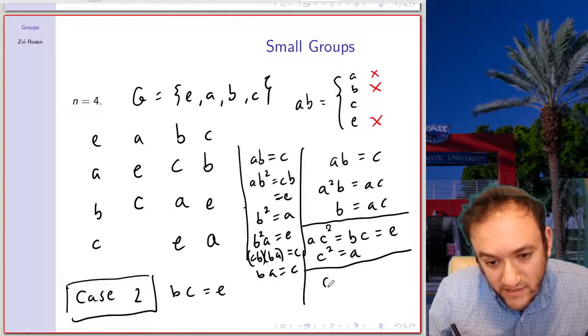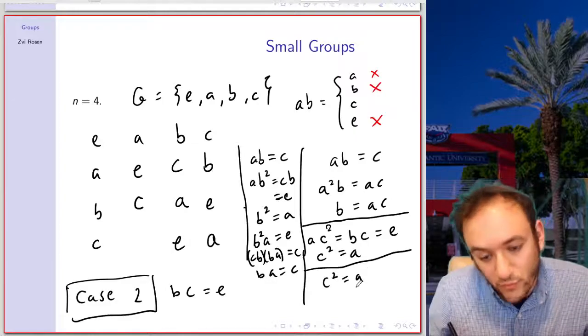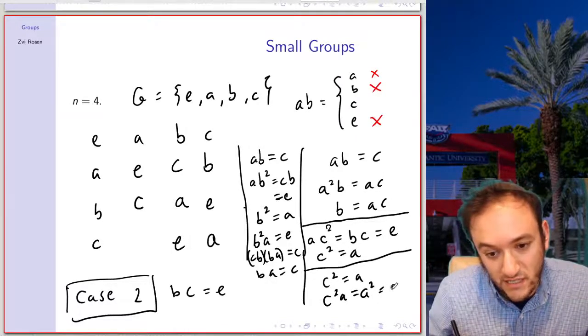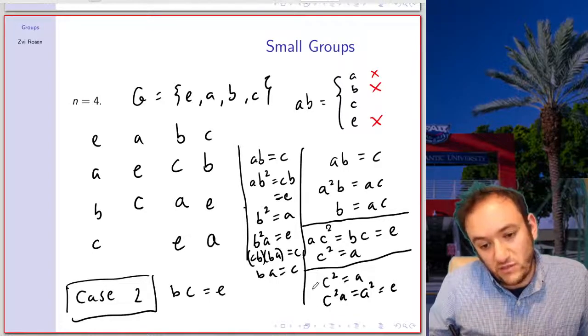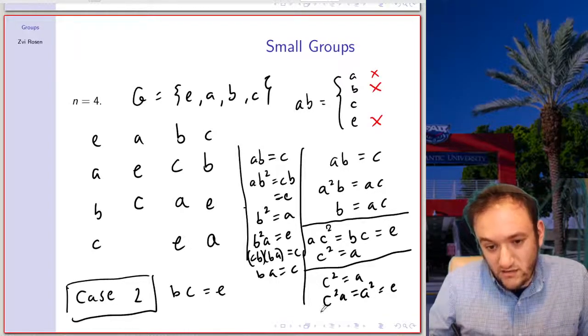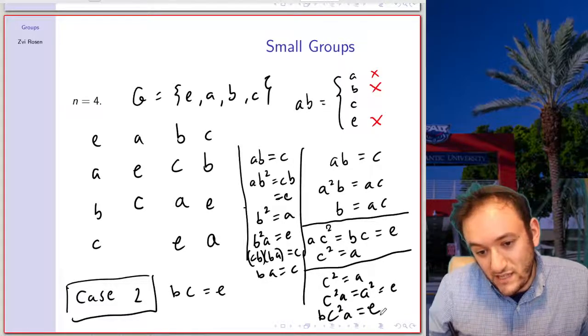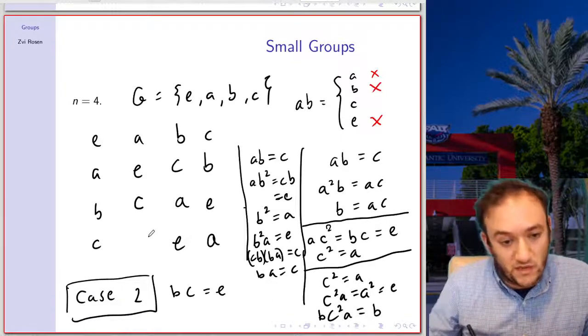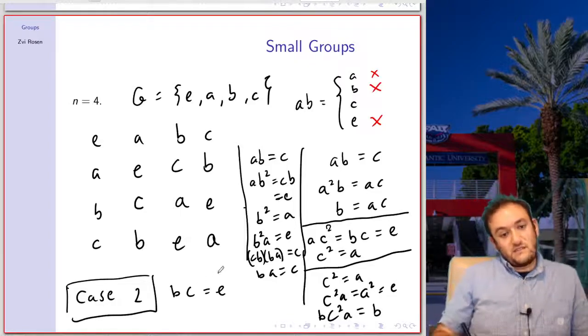So let's multiply C squared equals A on the right by A. We get C squared A equals A squared, which is E. And then multiply on the left by B. So BC squared A equals B. But then you know that BC is E, so this means CA equals B. So that tells us this is B.